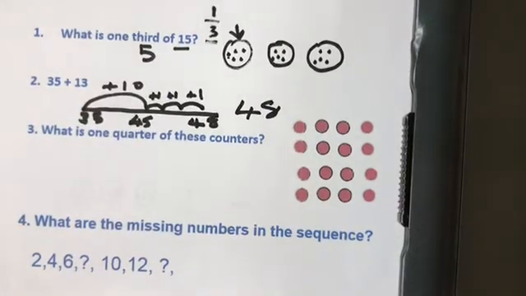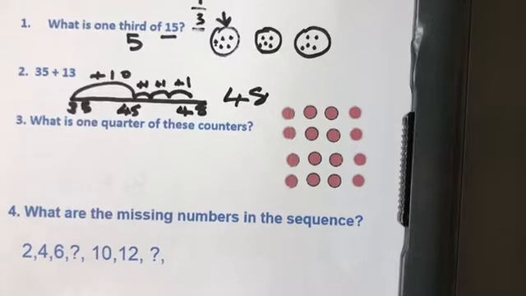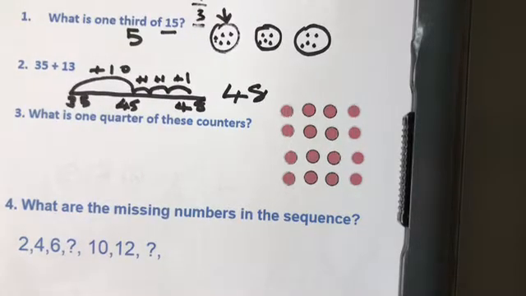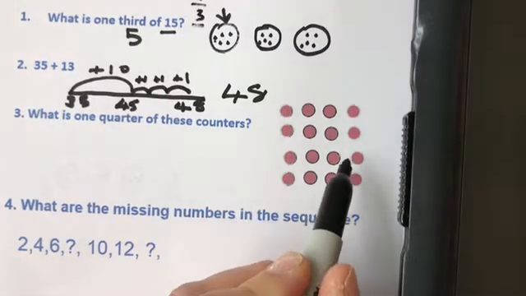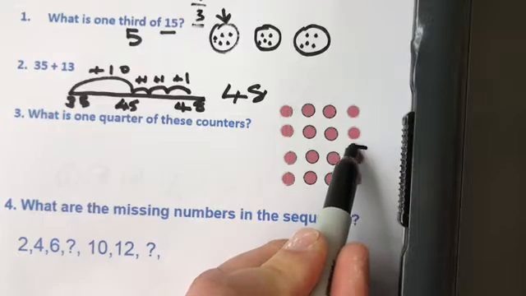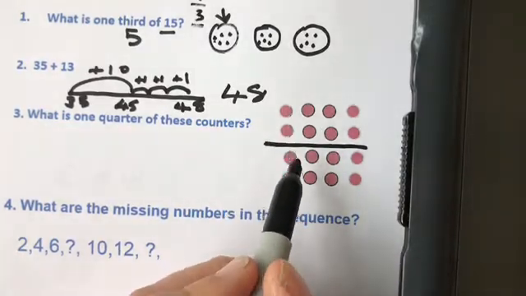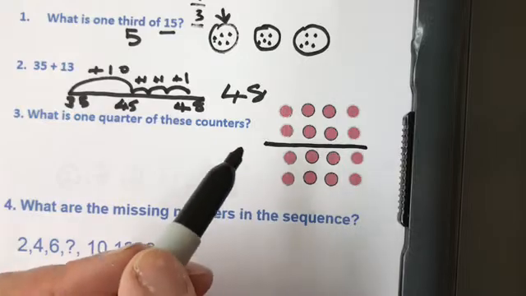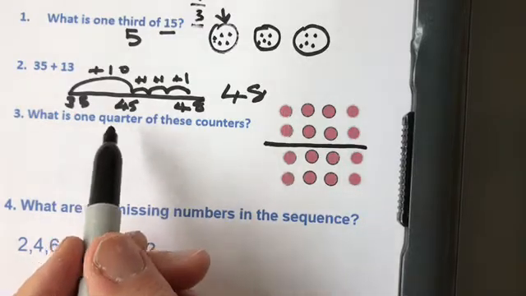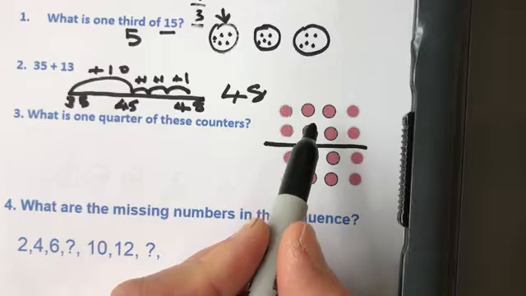Well, the next question says, what is 1/4 of these counters? Last week, I think it was, we talked about finding a quarter and we said we half a half. So the first thing I'm going to do is put a line through my amount, and I can see that I've got equal parts to find a half. So I'm finding a quarter, so I need to now split my half in half.